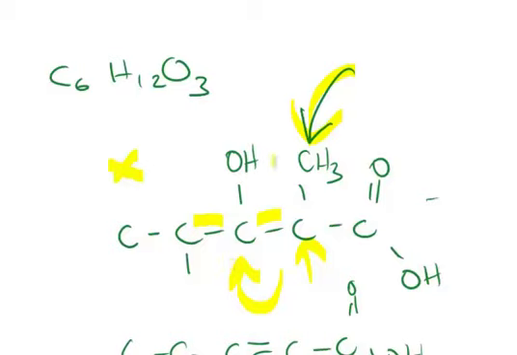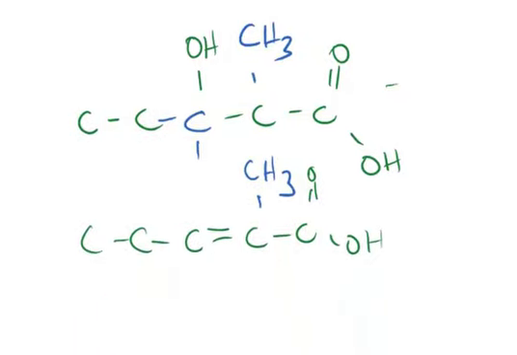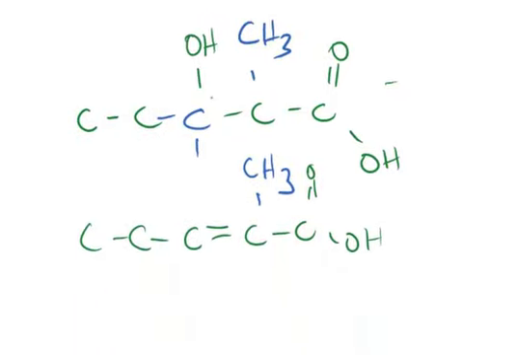So the methyl group and the OH group need to be separated for that to happen. Anyway, I'll show you what would happen if we did, for instance, have OH and CH3 adjacent. We'd have a double bond here. This can't be the chiral carbon because there's a double bond there. This can't be a chiral carbon. This can't. So having these two adjacent isn't going to work, because as soon as you have the OH there's a possibility of having a double bond between those two carbons. So they need to be separate.